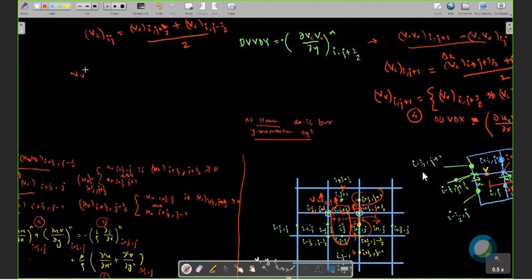So VV ij will be equal to, VC ij is in this direction. If VC ij is positive, then it will be VC at I, j minus half, else VC will be at I, j plus half.